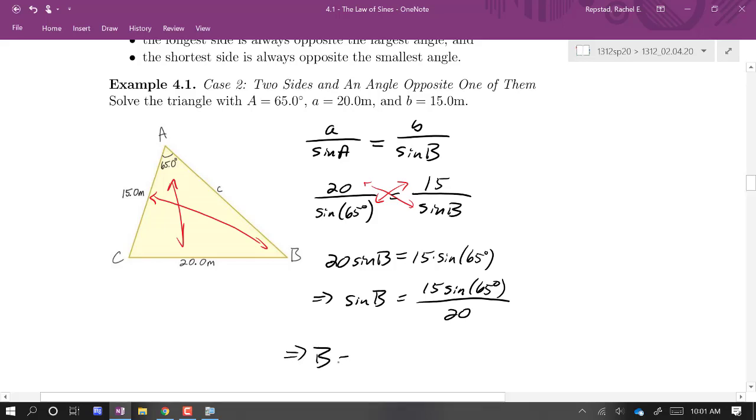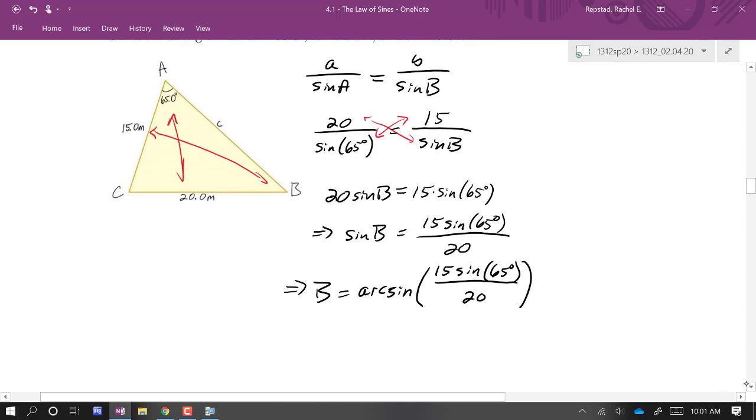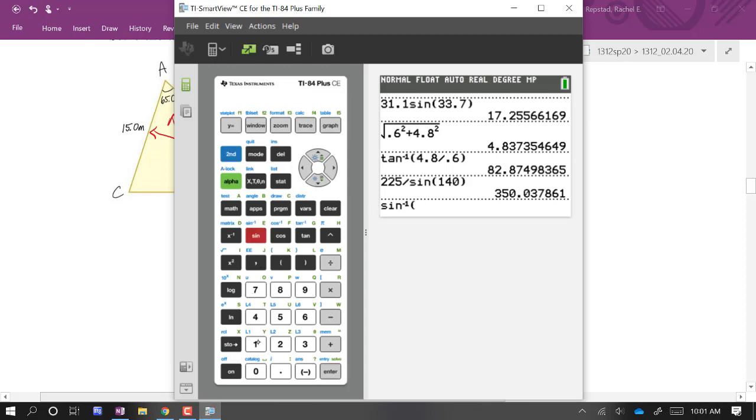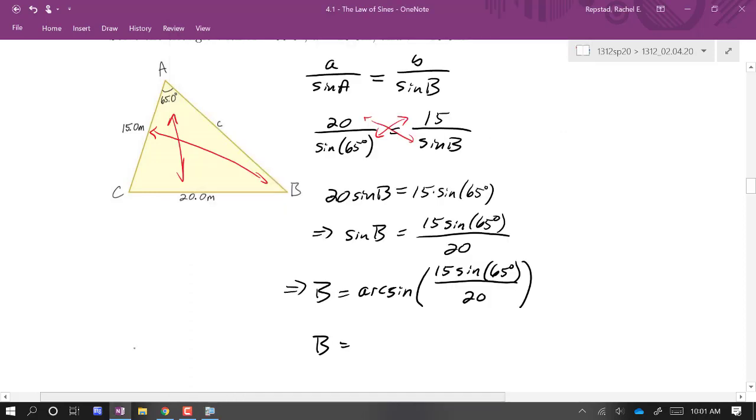So angle B is going to be arc sine of 15 times sine 65, closing out that sine parentheses, then dividing by 20, and closing out the arc sine parentheses. And I get 42.8 degrees. So there's one value.